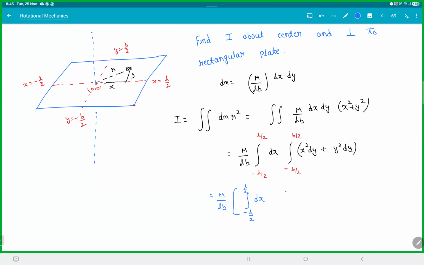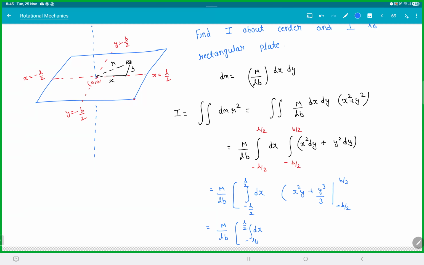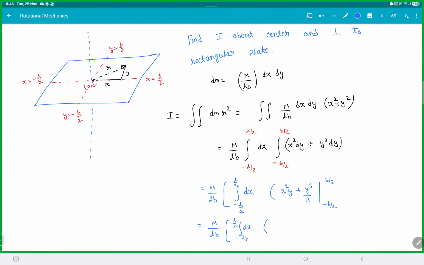You're integrating y, so that will be x square y plus y cube by 3. Limits will go from minus b by 2 to b by 2. This will become x square b, that will be b cube by 12.